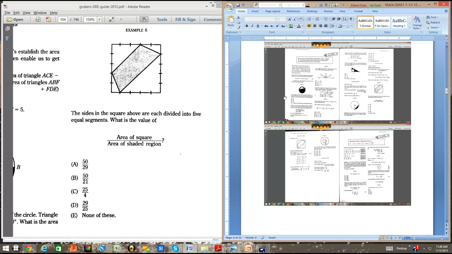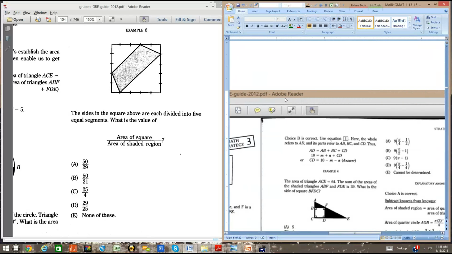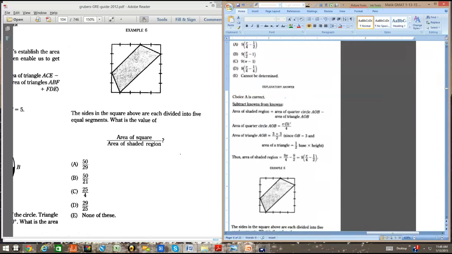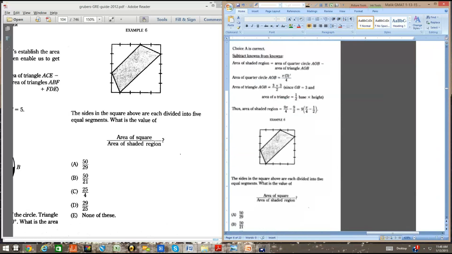So what you can do is find the area of the entire square. This whole thing is 5, this whole thing is 5. It's 25, right? And then you can subtract the 4 little triangles: the square minus the little triangle on the left, the big triangle on the right.